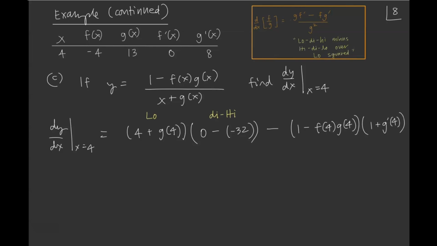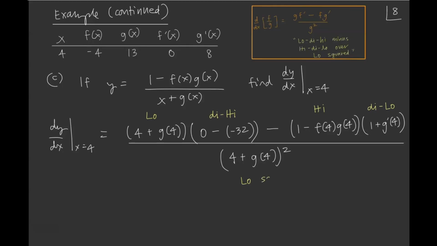And so we have low d high minus high d low, all over low squared, and that will be 4 plus g of 4 squared. So low squared.